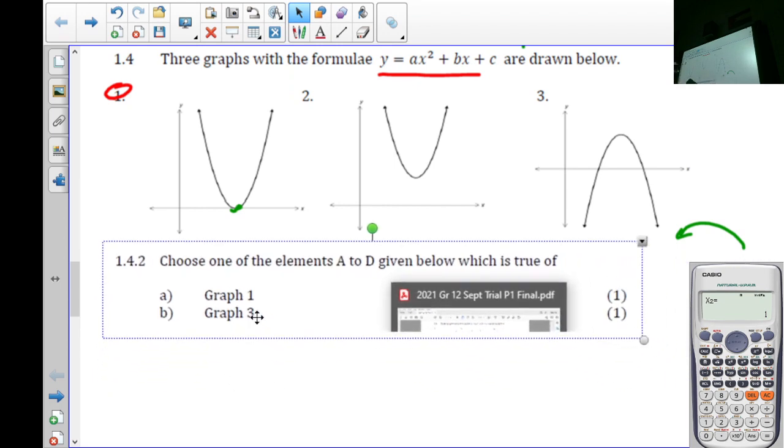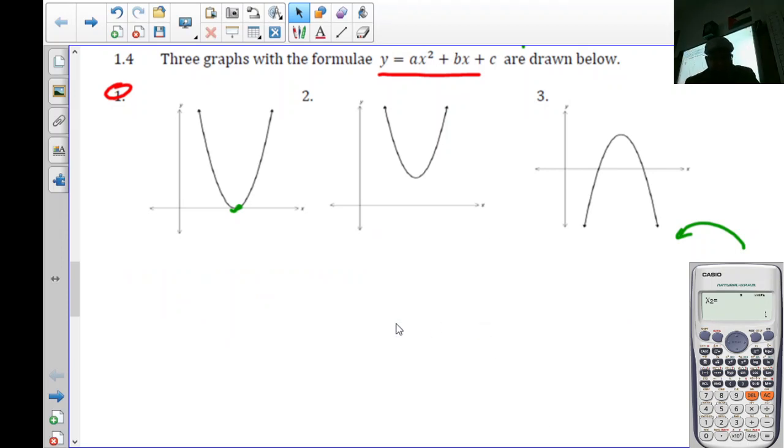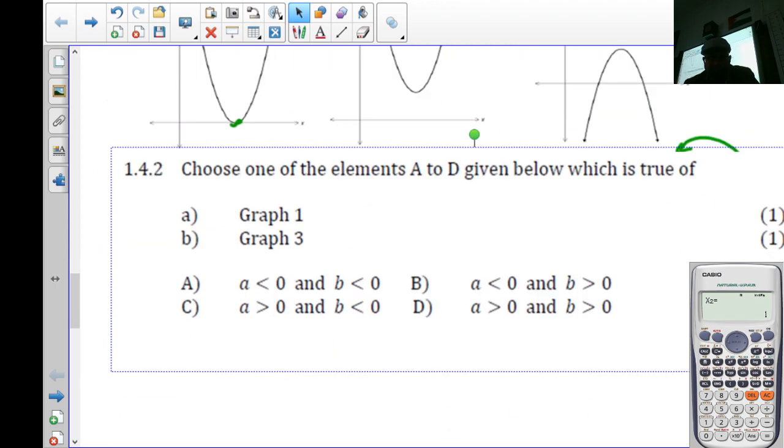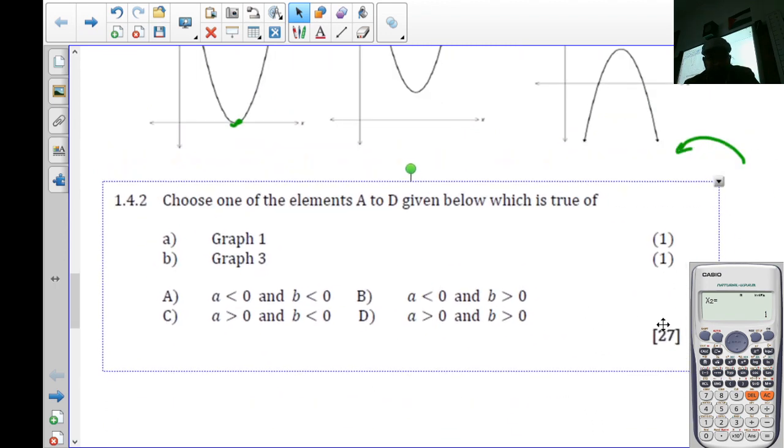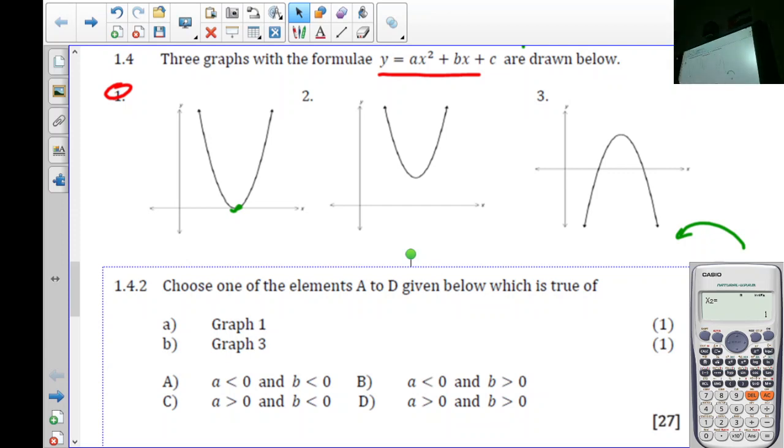Okay, I just need to get that part of the paper quickly. I know I was missing something. There we go. Sorry about this.